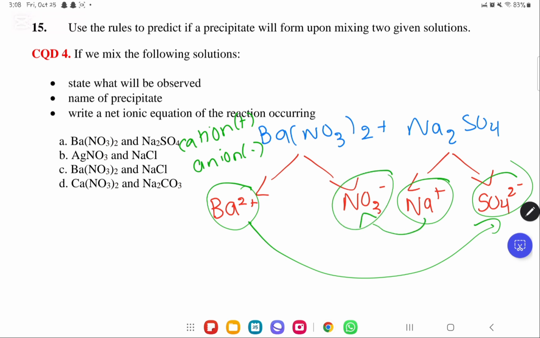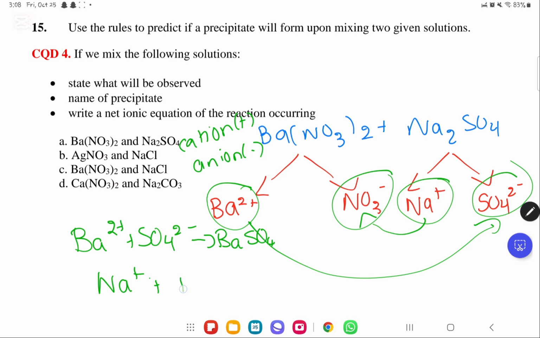So now we have two compounds formed, which are Ba2 plus with SO4 will form BaSO4, okay?